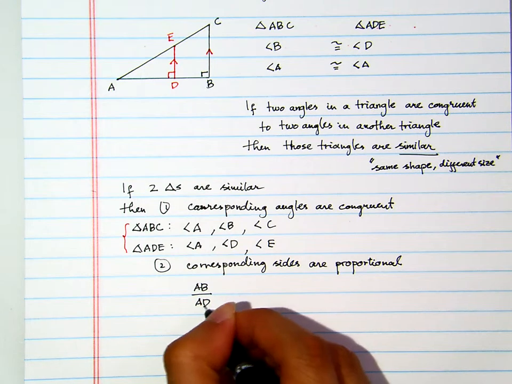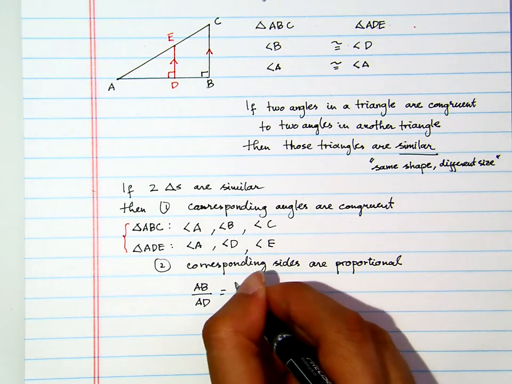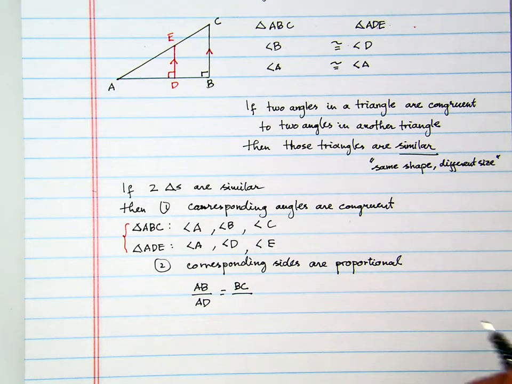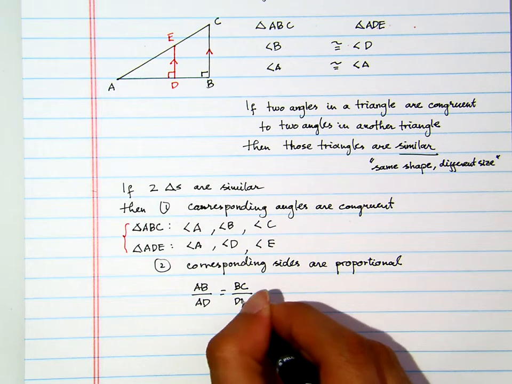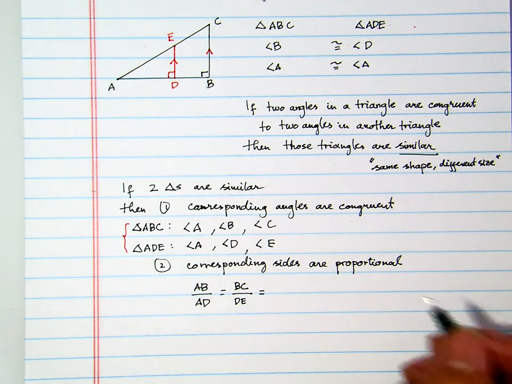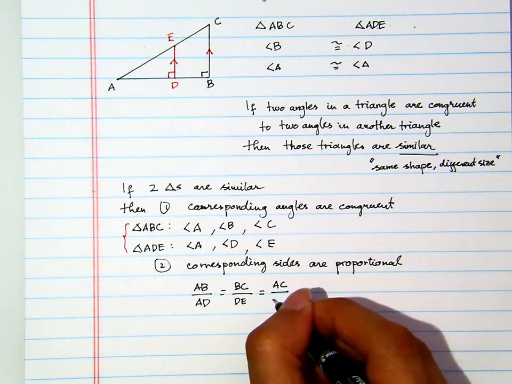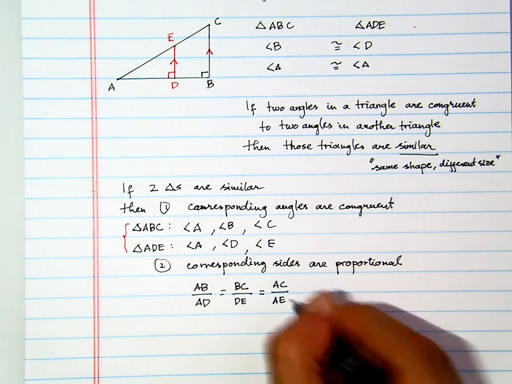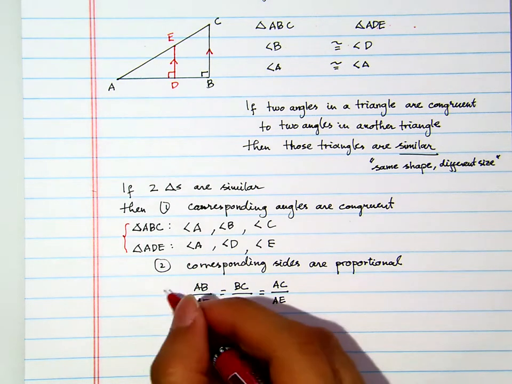The ratio of AB to AD equals the ratio of BC to the corresponding side, DE, which equals AC over AE. The corresponding sides are proportional.